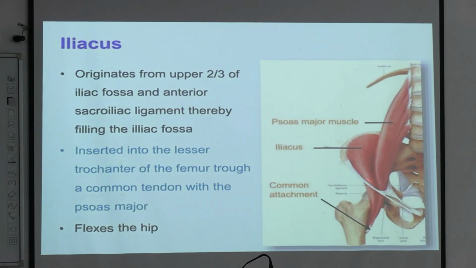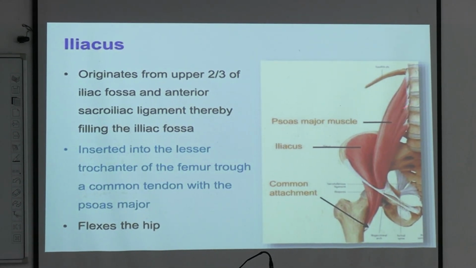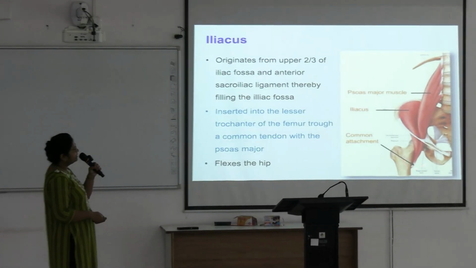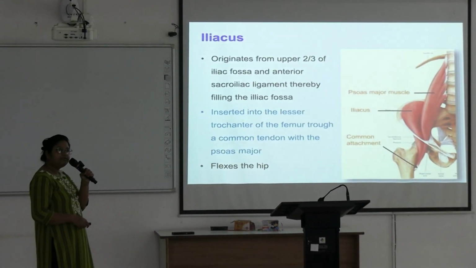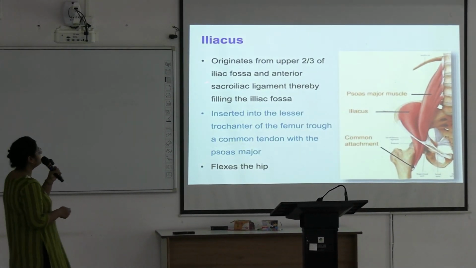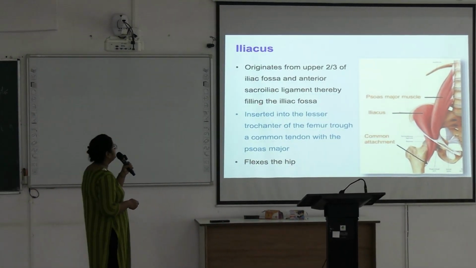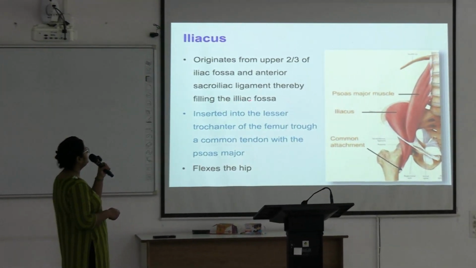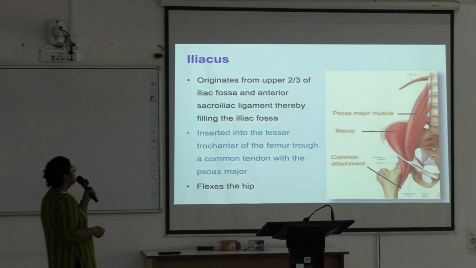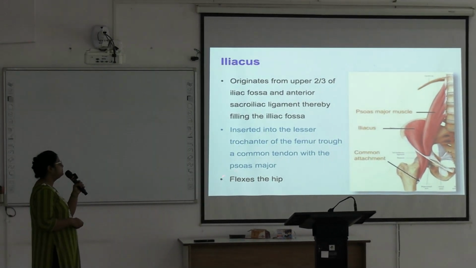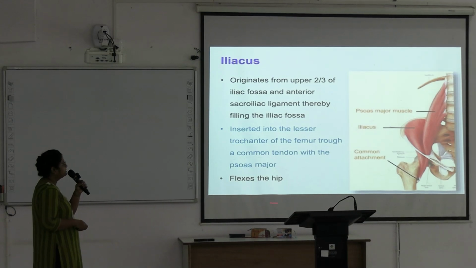This is iliacus, and it is going along with the psoas major to be inserted into the lesser trochanter of the femur. So iliacus originates from upper two-thirds of iliac fossa and anterior sacroiliac ligament, thereby filling the iliac fossa, is inserted into the lesser trochanter of femur through a common tendon with the psoas major, and it flexes the hip.